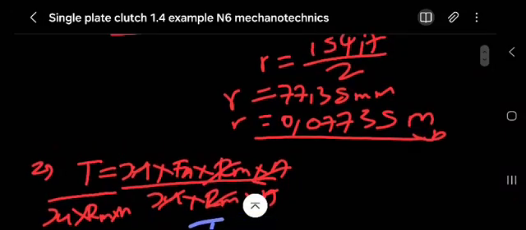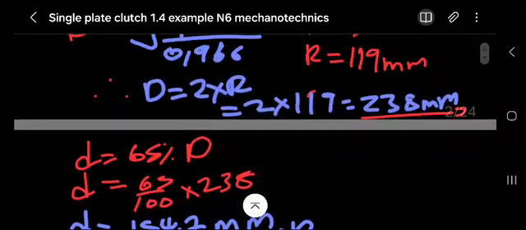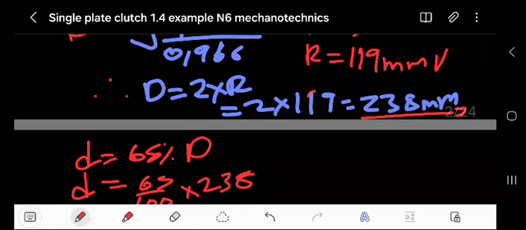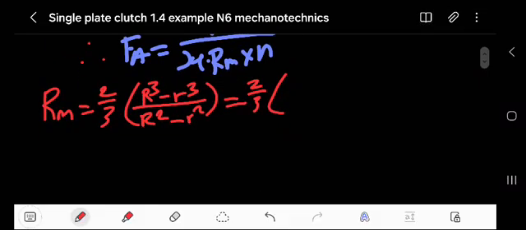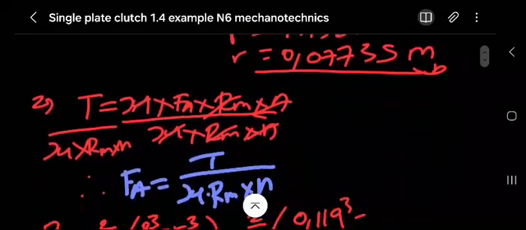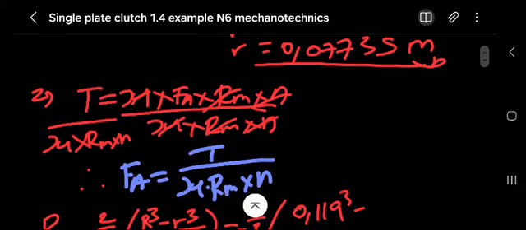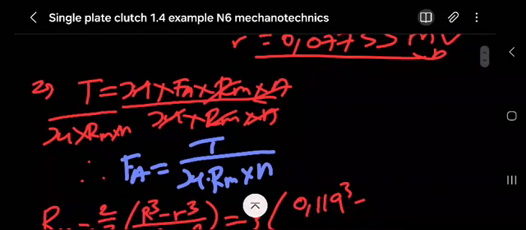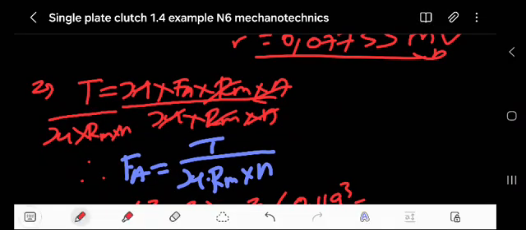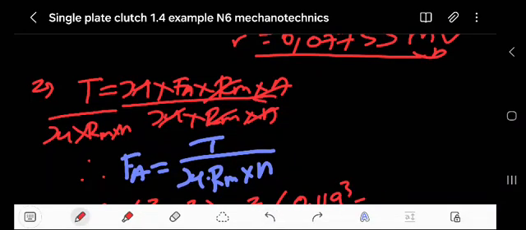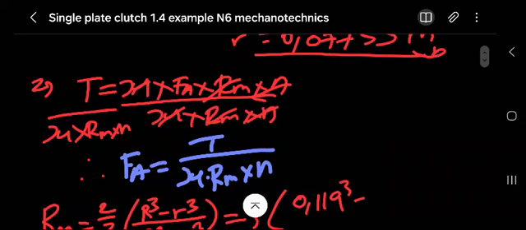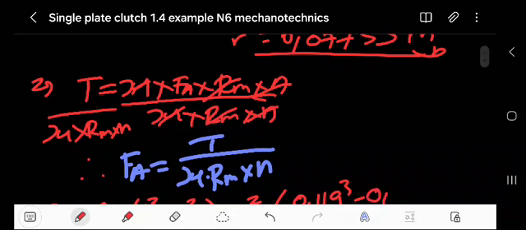We have the big R, it is here, which is 0.119, and small r is here, there it is, 0.07735.